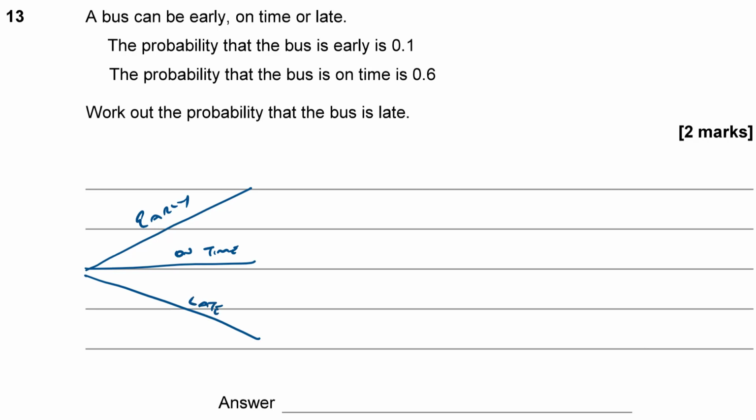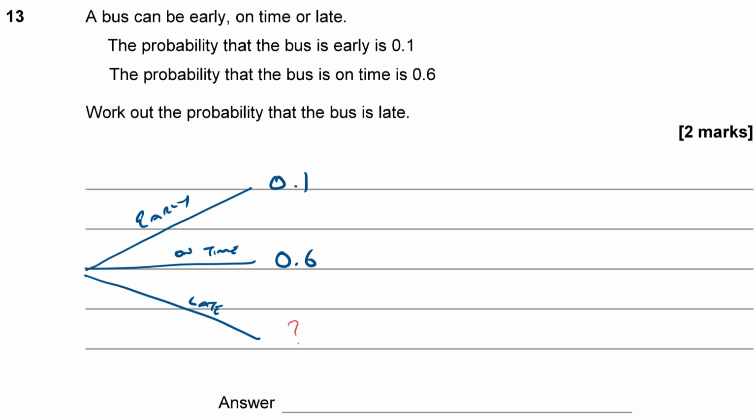And we are told that the probability of it being early is 0.1, and the probability that it's on time is 0.6. And we need to work out what this one is here. Now, these are all 3 possibilities that there are. There aren't any others than those, are there?